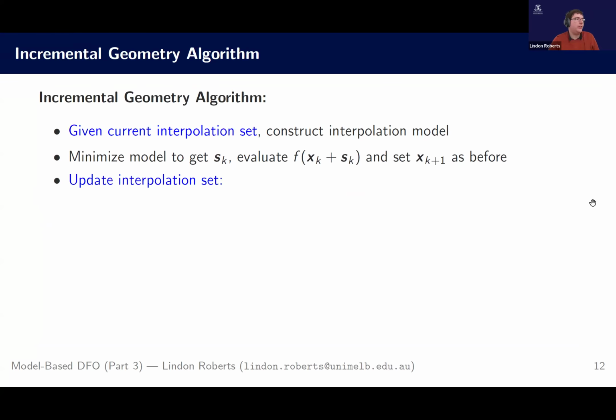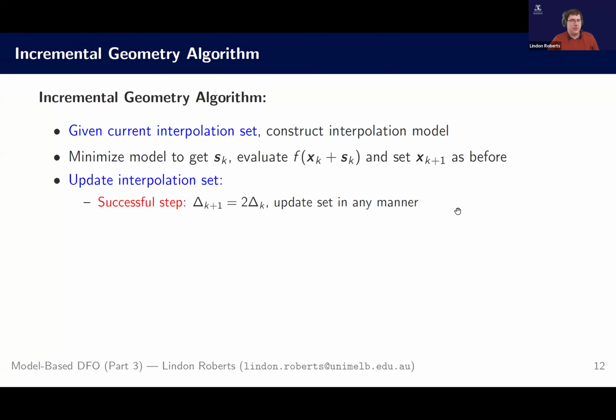So what we do is as follows. If things are going well, if we took a successful step, then we can maintain or increase lambda exactly as we did before. And it really doesn't matter what we do to the interpolation set. As long as you've got an invertible linear system afterwards, anything you like is allowable. In practice, there's better choices and worse choices, but you can do whatever you like for successful steps.